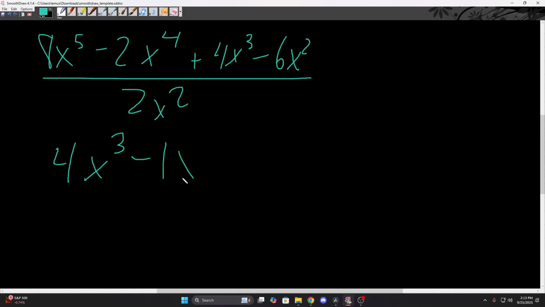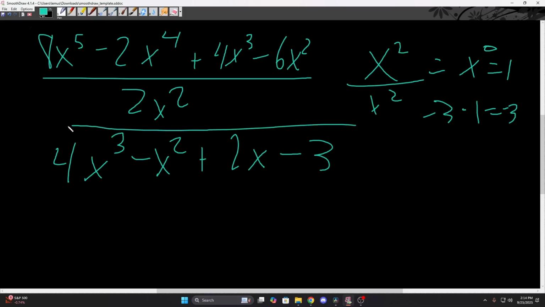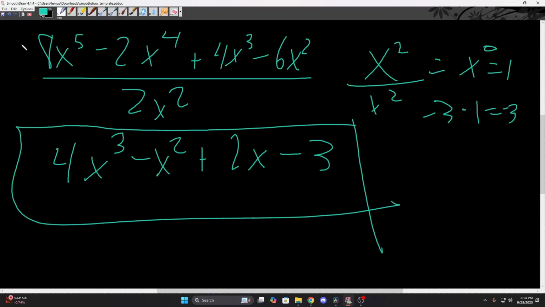You can leave it like that, because it's understood. Also 4 divided by 2 is 2, 2x cubed minus x squared, and then minus 6 divided by 2 is minus 3, x squared over x squared, that's x to the 0 power, which will always equal 1. So you're just doing this. So that means the answer is negative 3. And this should be your answer.